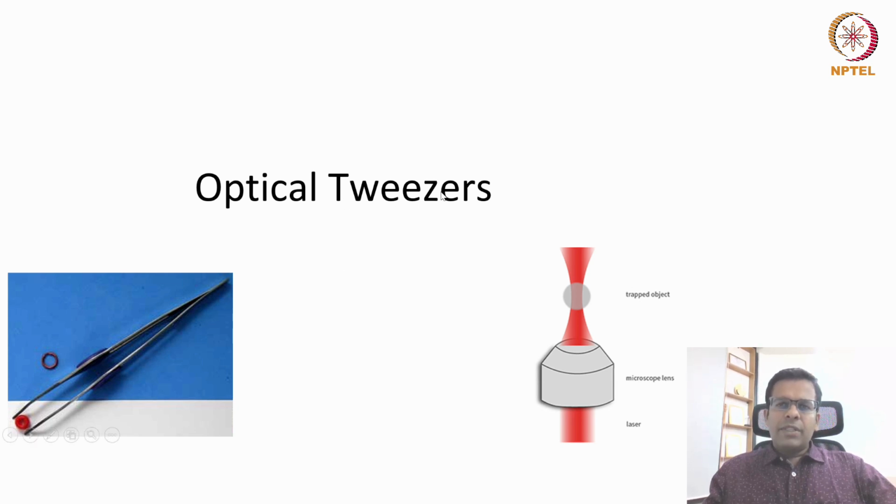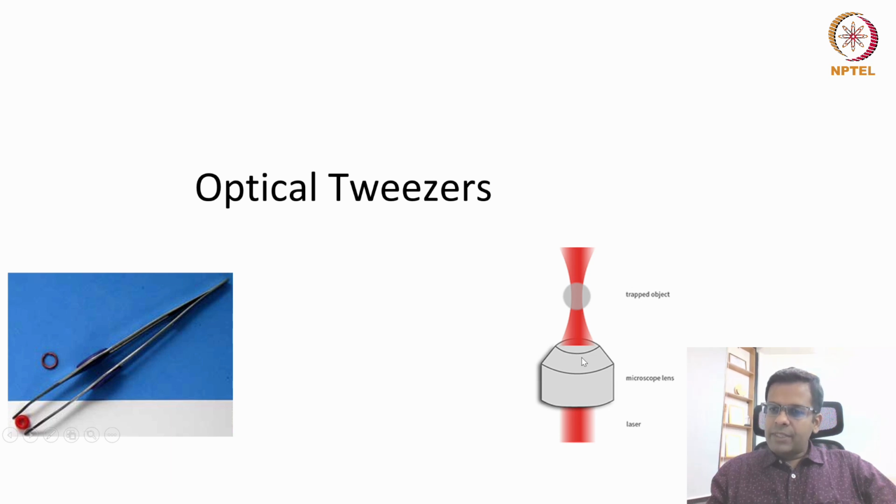The name tweezers brings this kind of image to our mind, in which a forceps is known as a tweezer, and using this forceps you can hold a tiny object and either pull or push that object. You can put some level of force on the object using these tweezers, right? Similarly, optical tweezers are laser-based micro manipulators.